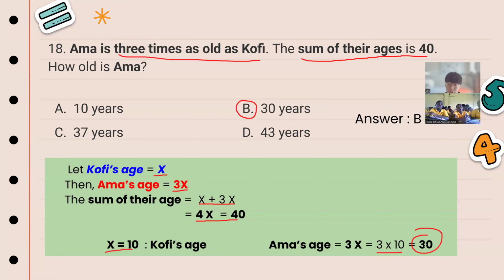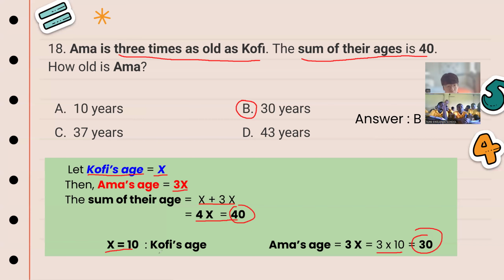Does this make sense to everyone? Yes, okay, I'm really glad to hear it. We set just one variable to x. We set Kofi's age to x, and then we can calculate the rest from there. Alma's age is 3x. We add these together, and that should be 40, the combined age.